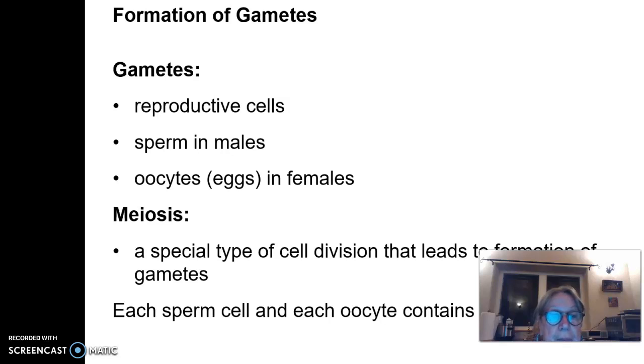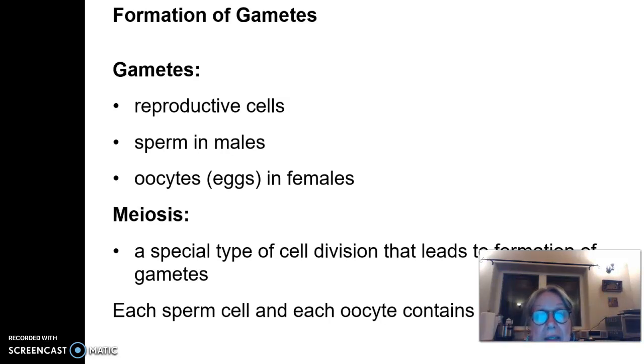Meiosis is the division of sexual cells, the sperm and the egg, into 23 chromosomes. Mitosis, with a T, is just the cell division of any cell. So you've got to know the difference between the two. It's one letter off, so be careful.